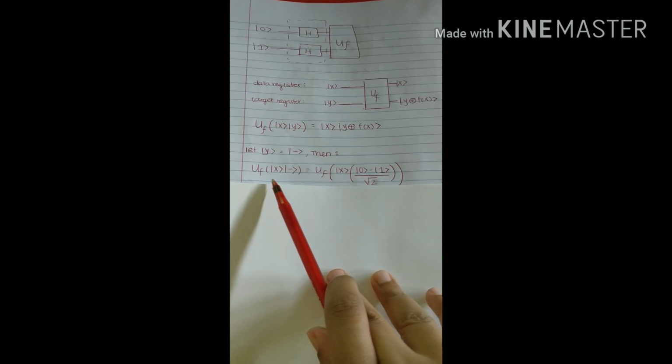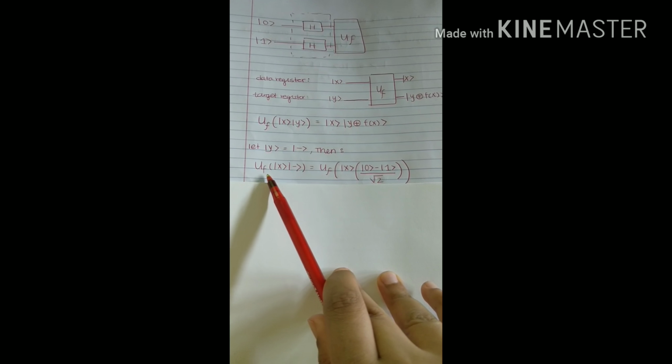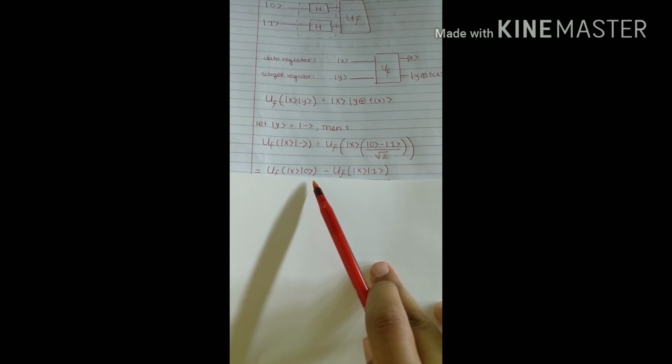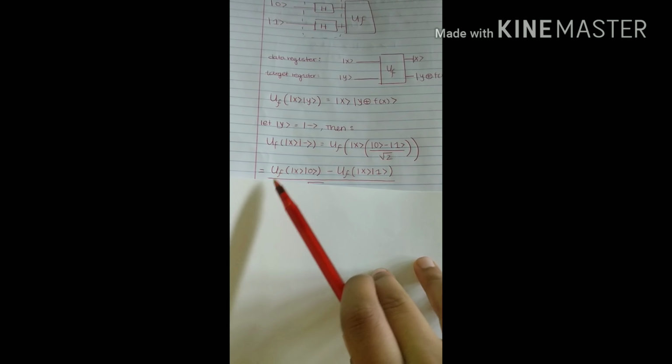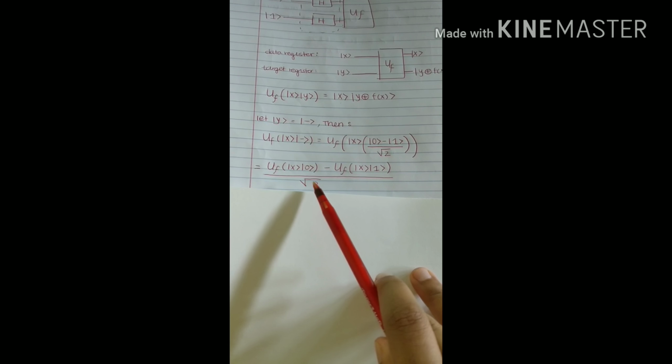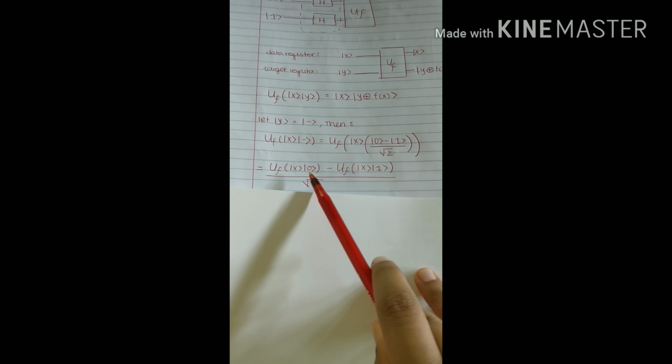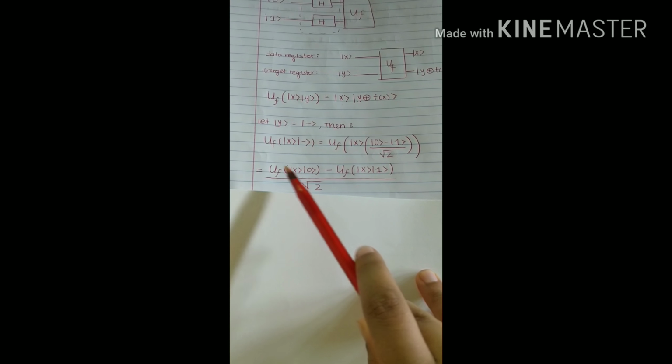Applying U of f to x tensored y gives us the following, where we're just plugging in y. Then that's equal to this, because you can distribute the x and then apply the U also through distribution.